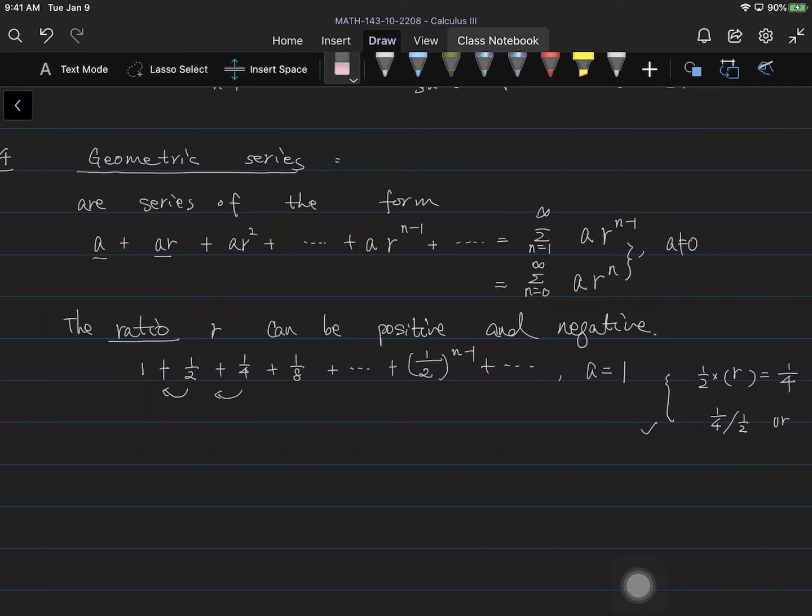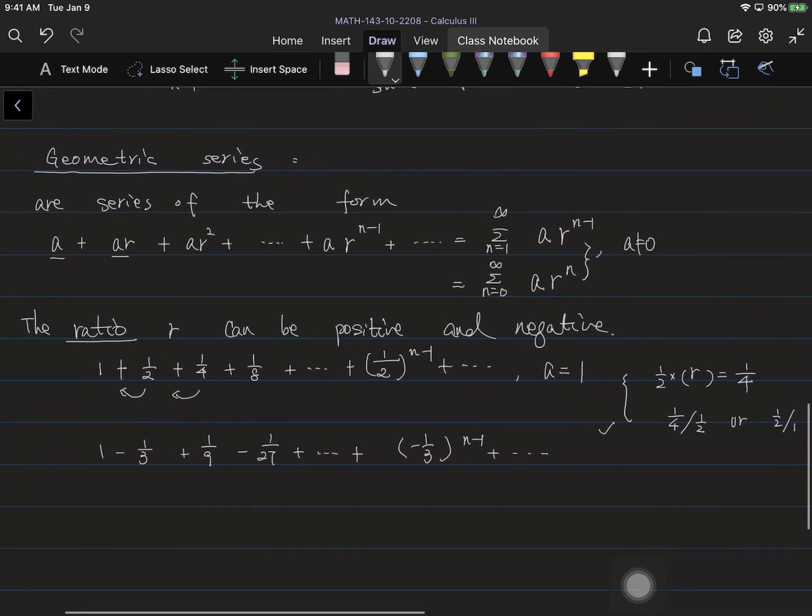Now I'm going to show you another series. This is 1 minus 1/3 plus 1/9 minus 1/27. And the nth term is negative 1/3 to the n minus 1. Actually, this is alternating. Okay. Let's take a look at this series. Can you find A and R?